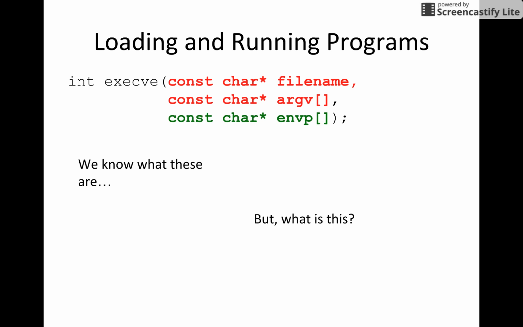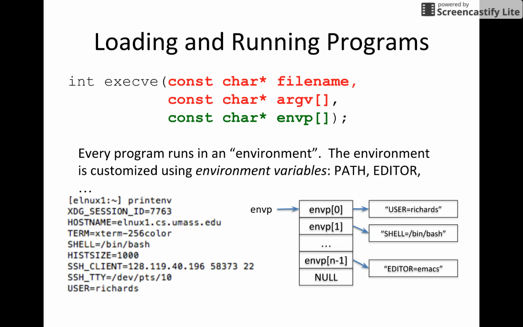The third one is something that we haven't seen yet, which is called envp. And envp stores environment variables, certainly in the same structure as the command line arguments, but it stores special variables that are part of the executing program's environment. And this is what that looks like.